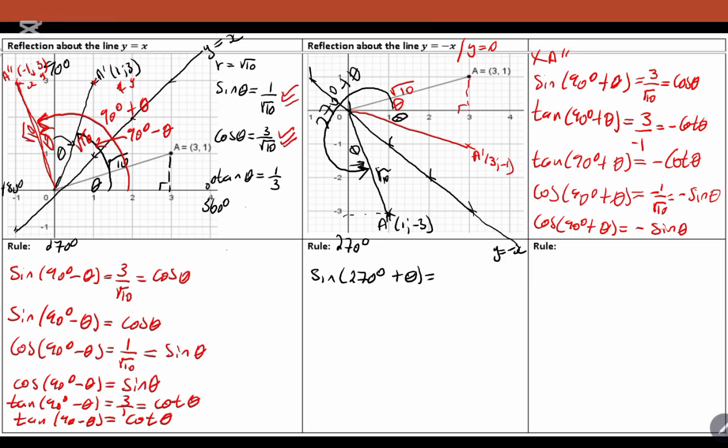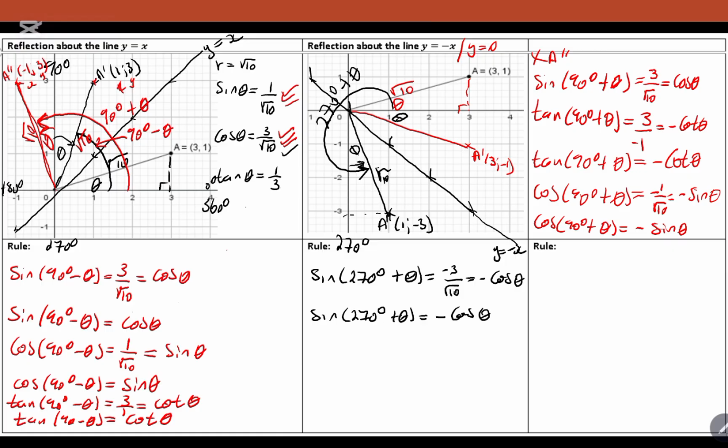So this will be -3 over the square root of 10. But then we know that 3 over square root of 10 is cosine. So this is equal to negative cos theta. So sine of 270 degrees plus theta is equal to negative cos theta.